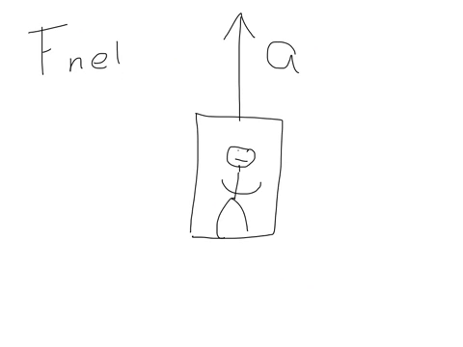So, now let's say the elevator is accelerating upward. Here's the person in here. Okay, when the elevator is accelerating upward, let's apply this equation, F net equals ma.